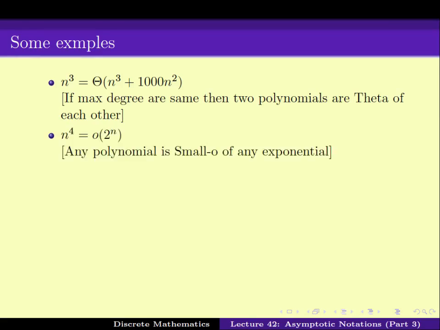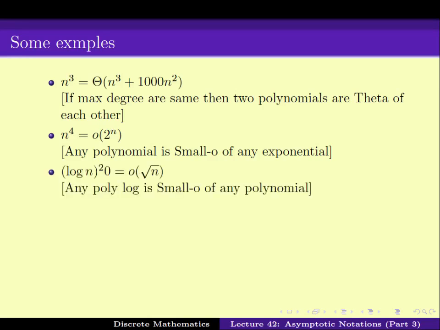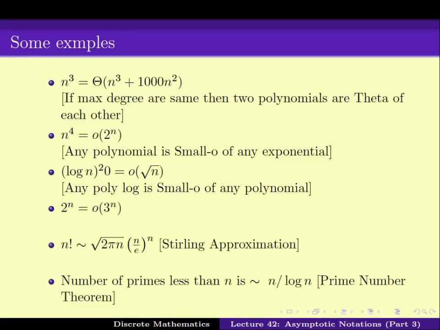Similarly, a polynomial is always small o of the exponential. A polylog is always small o of any polynomial. 2 power n is small o of 3 power n.